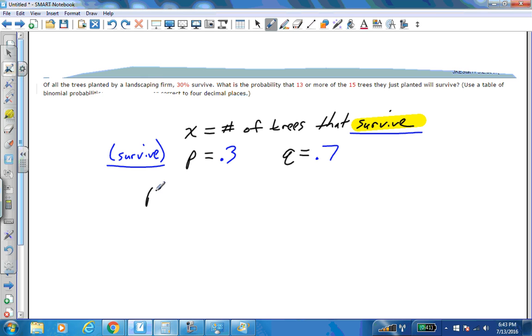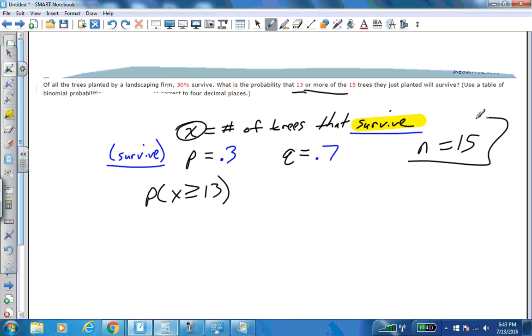So we want to find what's the probability that 13 or more of those trees survive. So 15 are planted, so N is 15. So we're looking for the probability that our random variable is equal to 13 or greater than 13. 13 or more, so that's greater than or equal to 13.